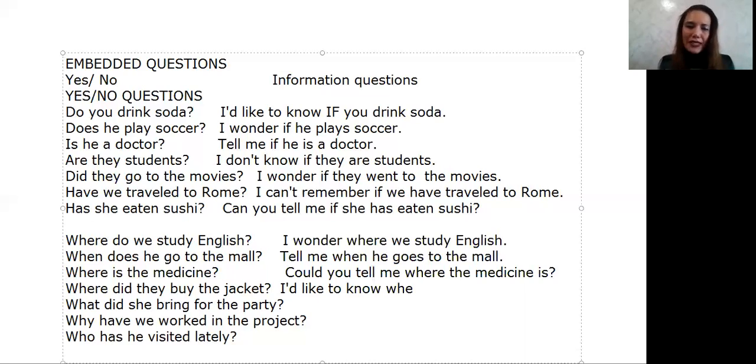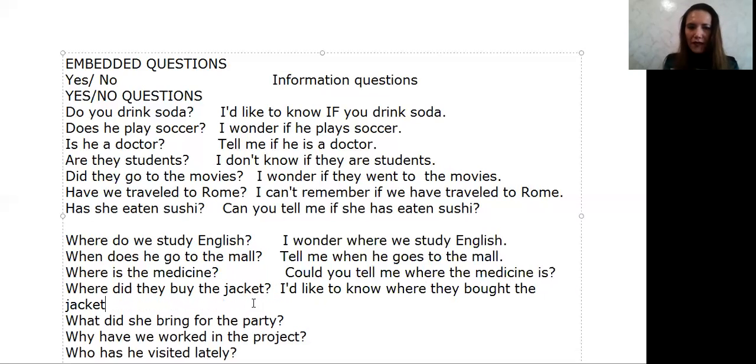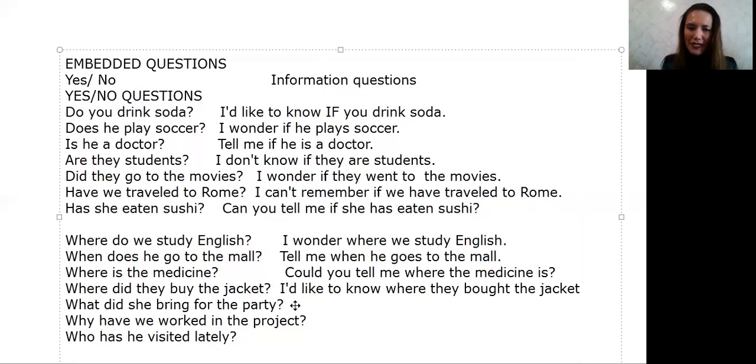I'm going to eliminate the auxiliary did, okay? But then I'm going to transform the verb into the past tense because it is a past tense, okay? So where they bought the jacket, okay? So this is the sentence that we need to transform into the past tense.